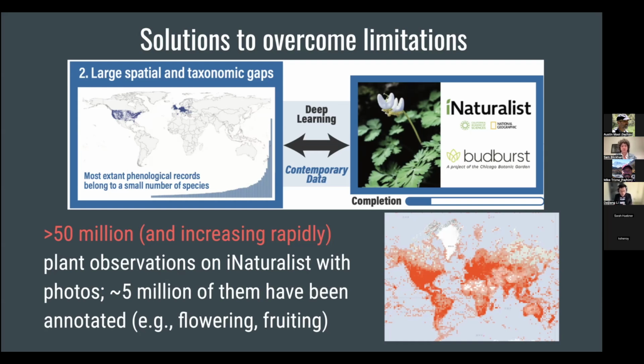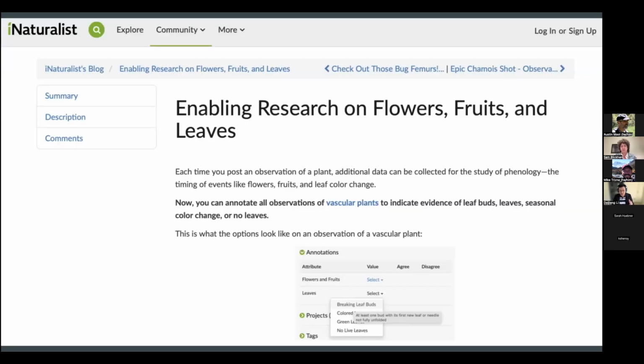So far, we have more than 50 million, and rapidly increasing, plant images from iNaturalist, and about 5 million of them have been annotated by iNaturalist users. If you didn't know this, you can go to the iNaturalist website, or if you use the Android version of the app, you can annotate plant phenology from images.